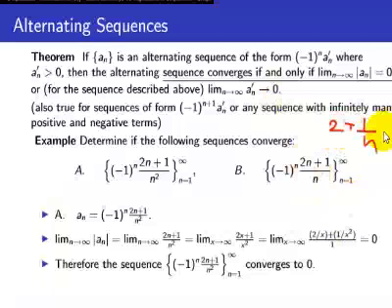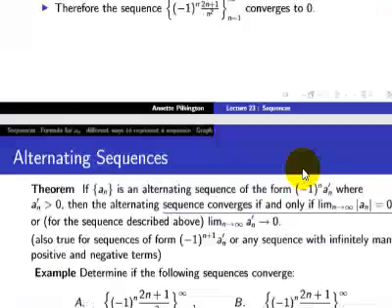As n tends to infinity, the 1 over n term approaches 0, but this term approaches 2. That means as n tends to infinity, the modulus of this one approaches 2, because 2 is non-negative. That means this alternating sequence does not converge, right?